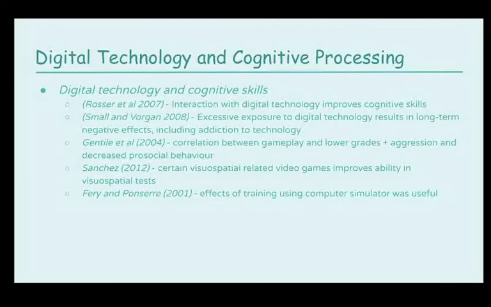You only talk about the methods of some of these studies, the advantages and the disadvantages of digital technology and cognitive processing, because it's a very new and controversial topic to talk about.